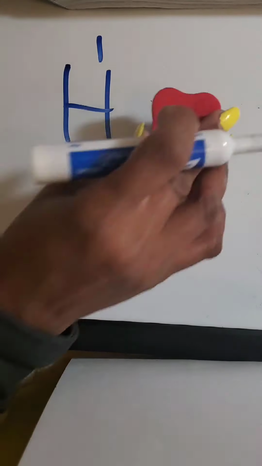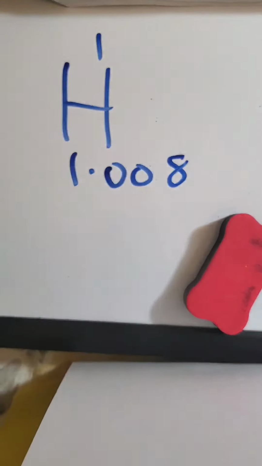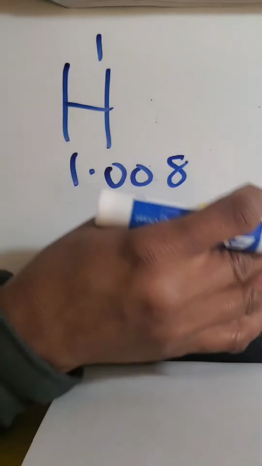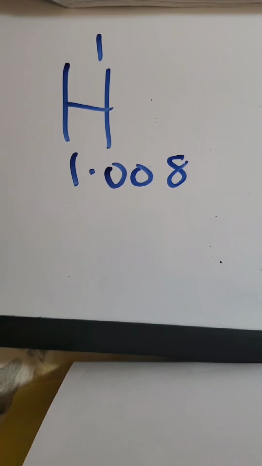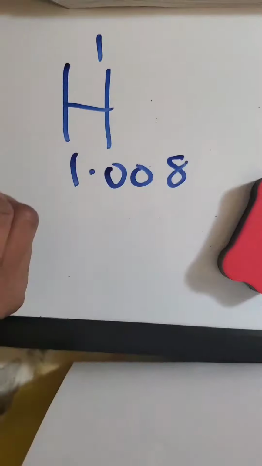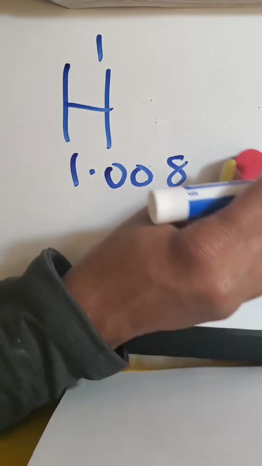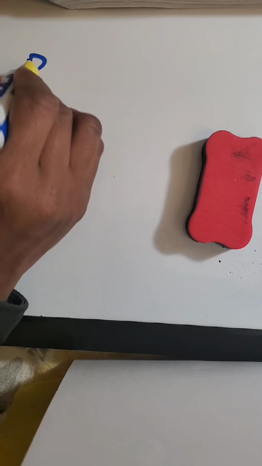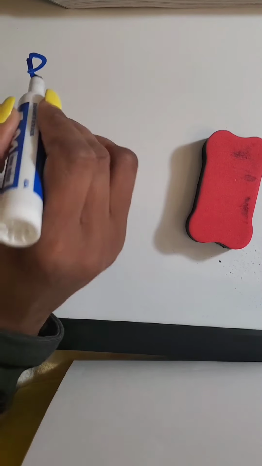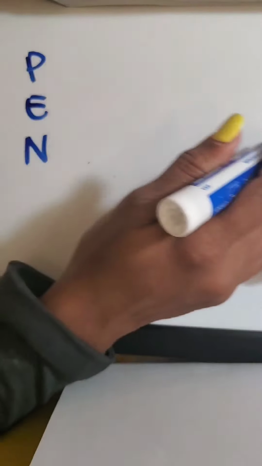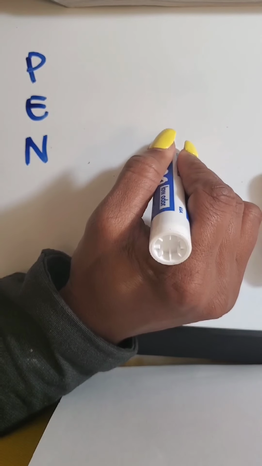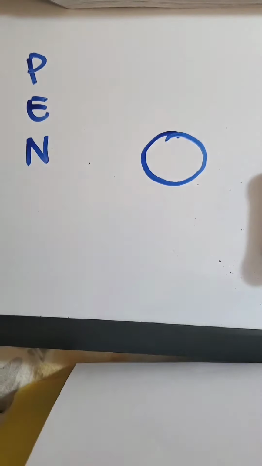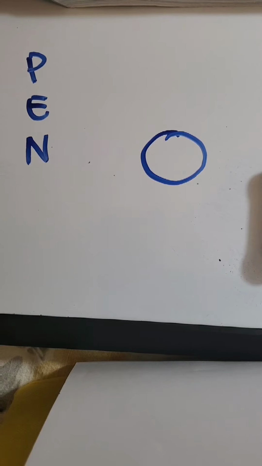So we have the hydrogen atom, 1 for the atomic number, 1.008 for the mass number, or the atomic mass. Now, we still remember we have to use our PEN method, P for protons, E for electrons, and N for neutrons.